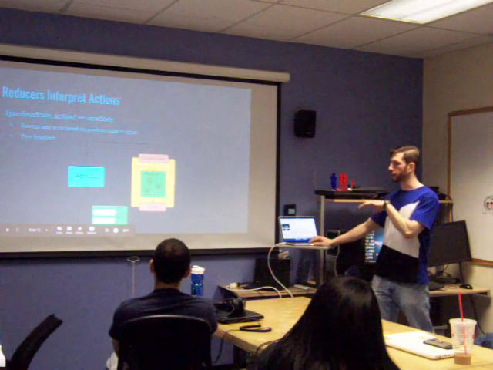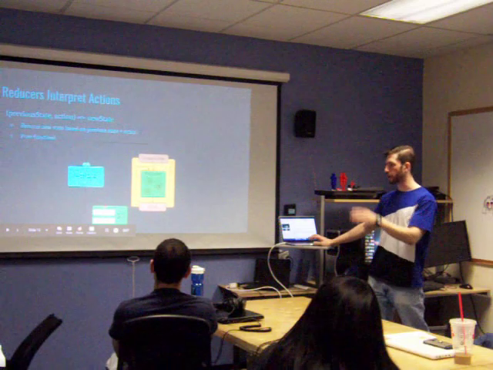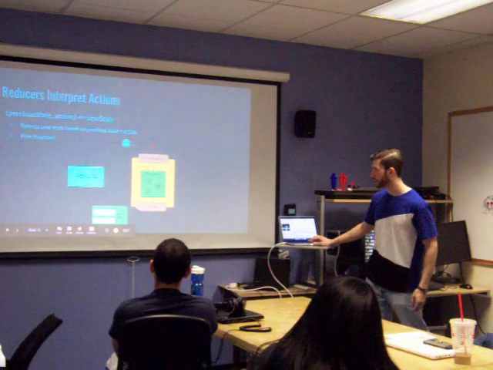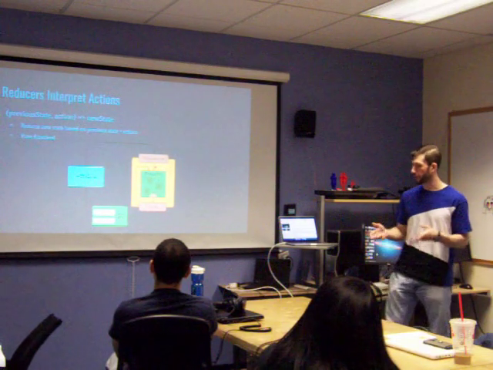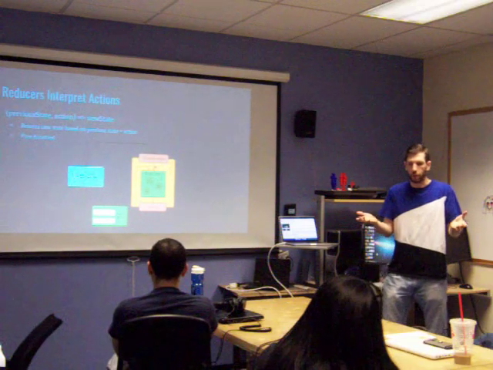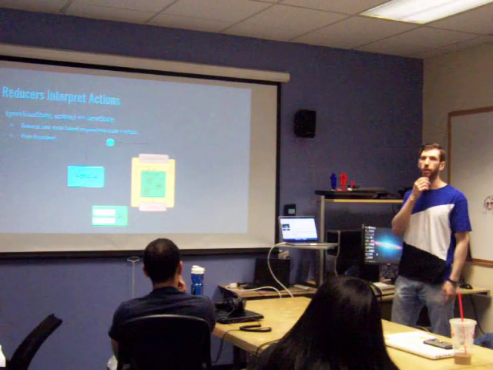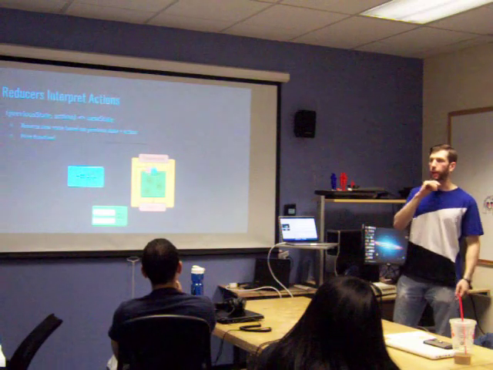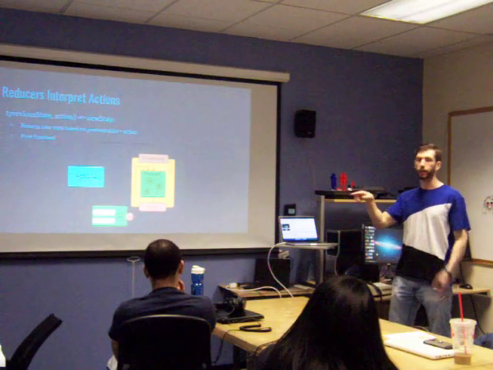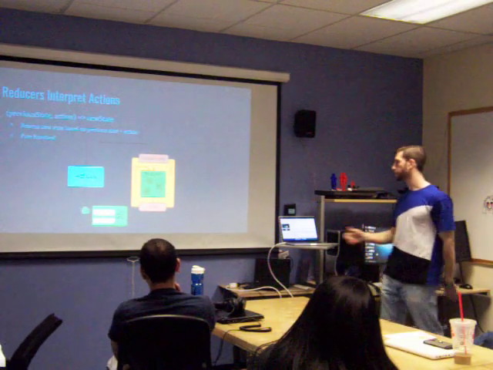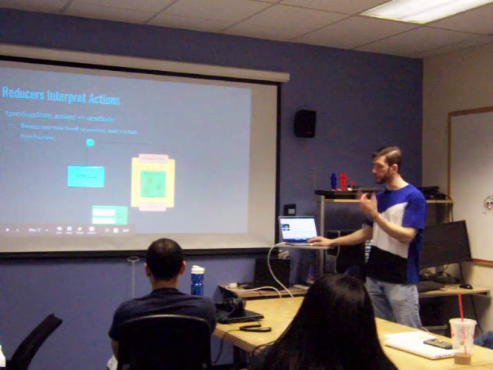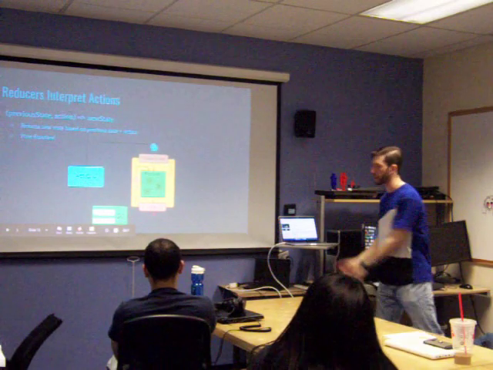So the UI, you click this, you click that, it's going to fire this action that goes into the store, and the store doesn't know what to do with it. So it gives it off to the reducers, and they say, okay, if I get a previous state of 0 and an action of add 10, then my new state is 10. The reducer returns a new state, and that gets sent back to your user interface.